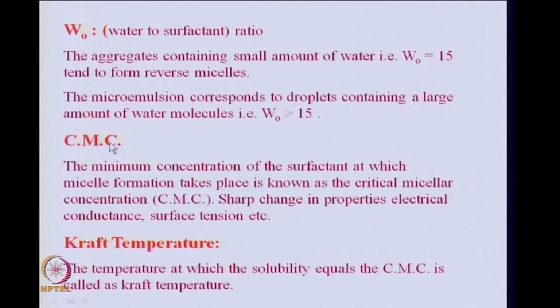One has to understand these terms because you have to change these parameters optimally to get the right kind of surfactant aggregates, which will help you ultimately control the size and shape of the nanoparticles which you want to synthesize within these surfactant aggregates.